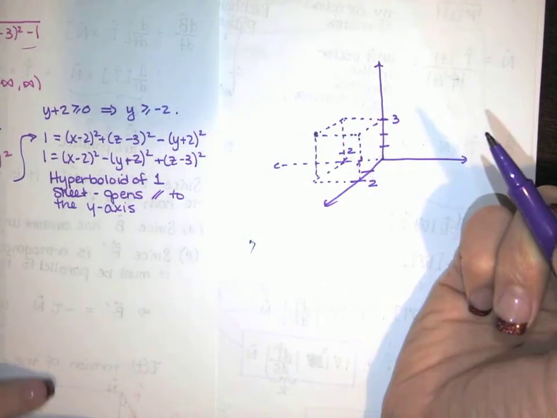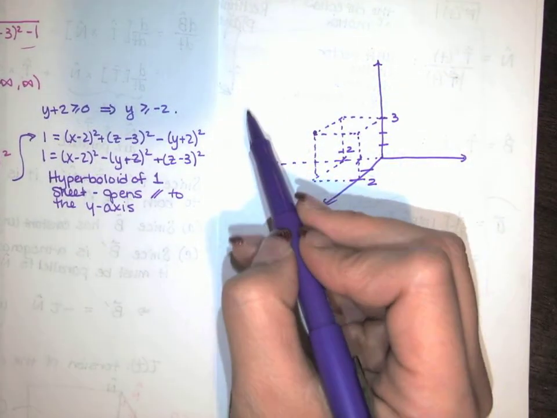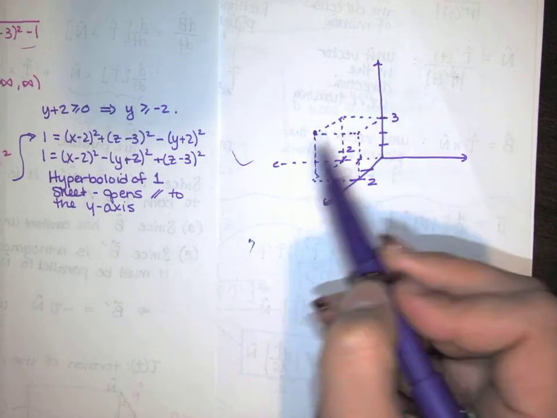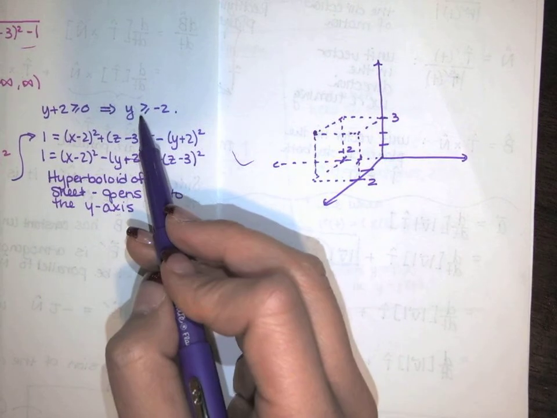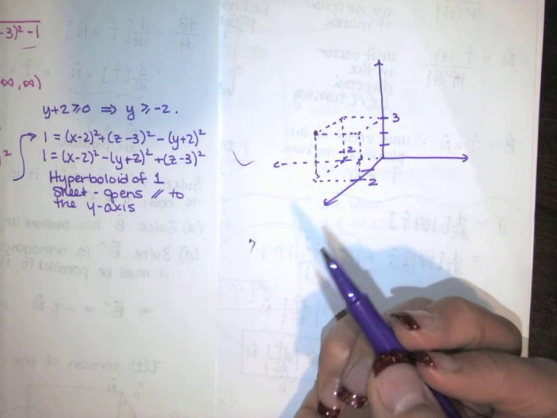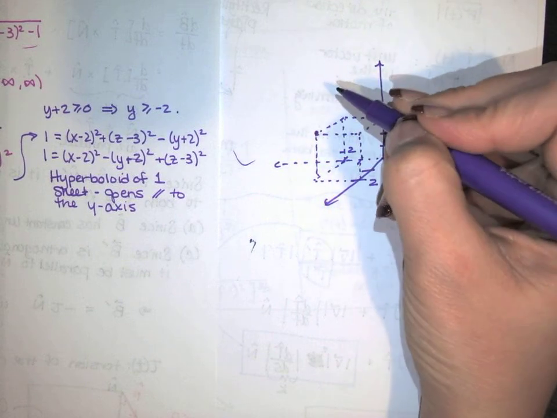That's right here. And normally I would just draw a hyperboloid of 1 sheet that opened in the y direction. So it's going to open like left and right like this. But we only want y greater than or equal to negative 2. So it's a little strange. We're going to see something that looks roughly like this.